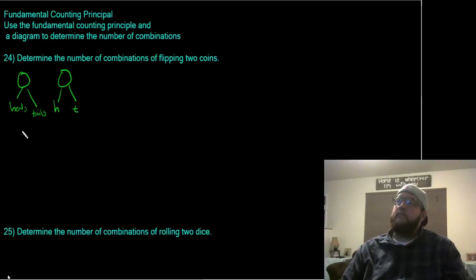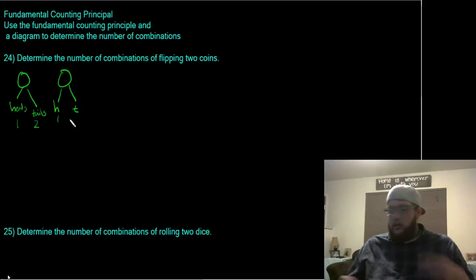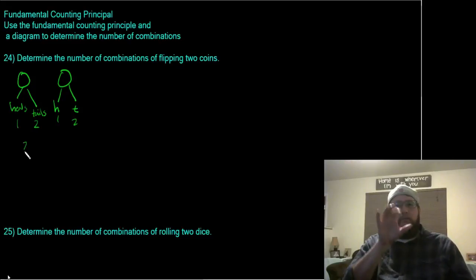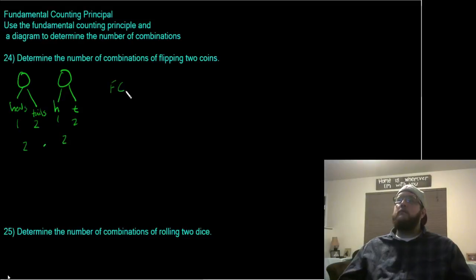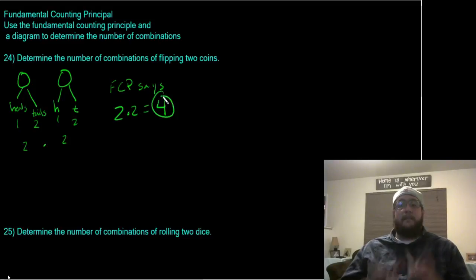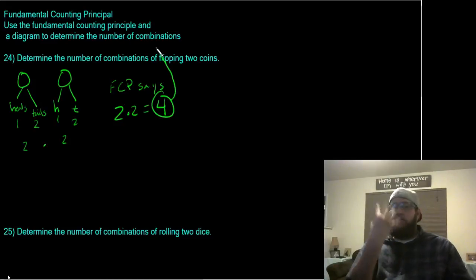So each one of them has 2 total options. So we know that if this has 2 options and this has 2 options, the fundamental counting principle says that we can do 2 times 2 is 4, and this is the number of combinations.